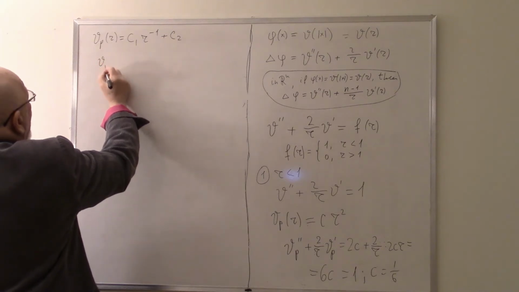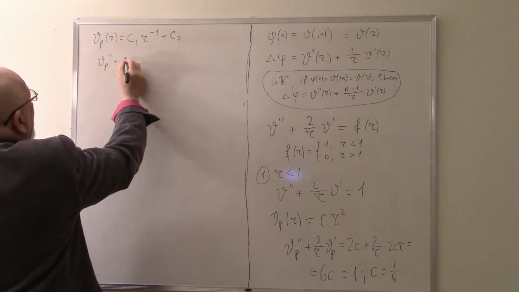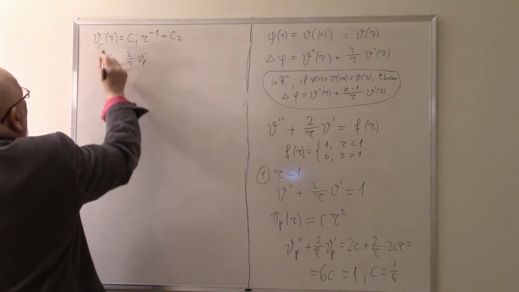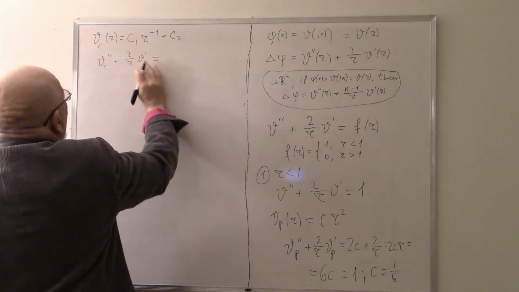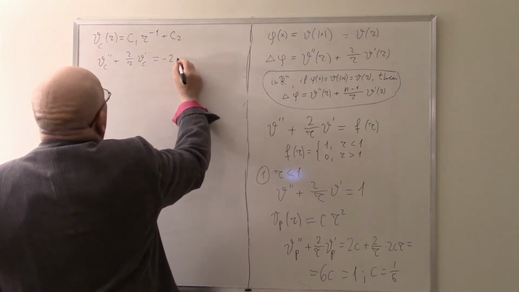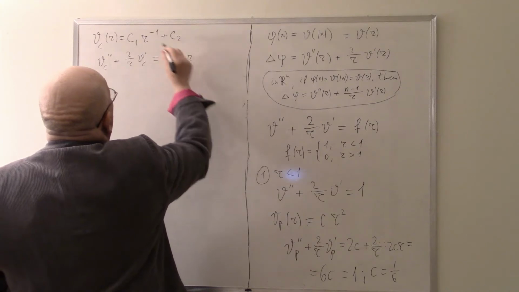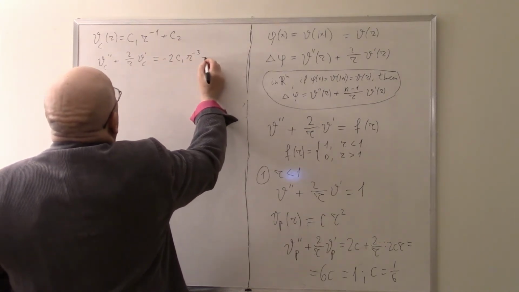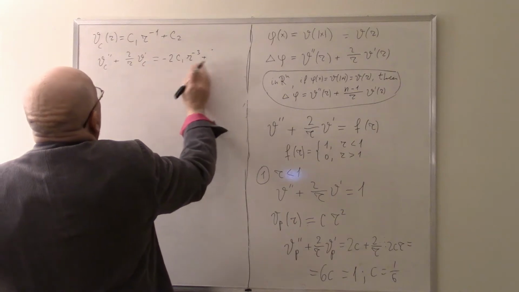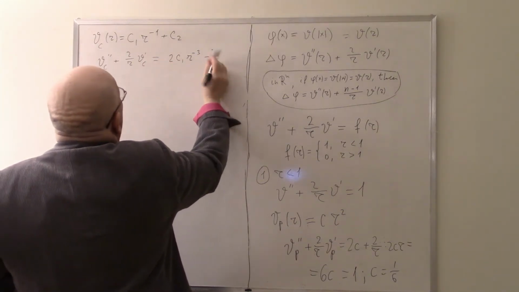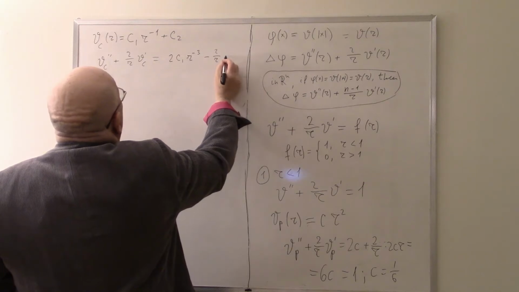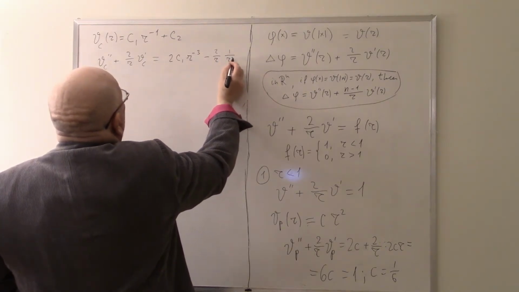It's because Vp double prime plus 2 over r Vp prime, yes, Vc, it is the complementary solution, equals minus 2 C1 r^-3 plus 2 C1 r^-2 divided by r times 1 over r squared.